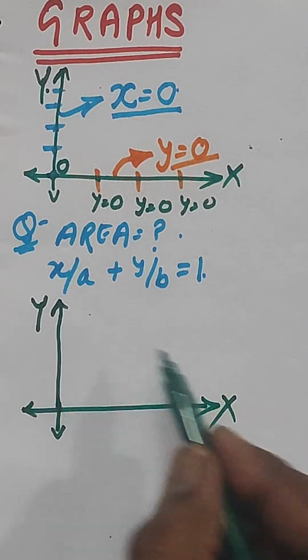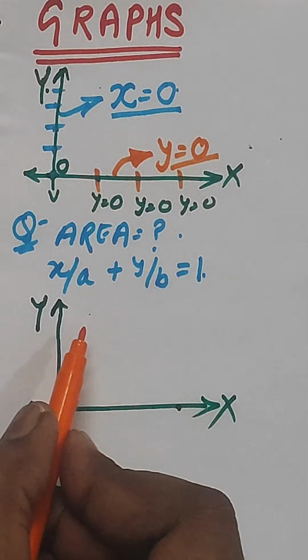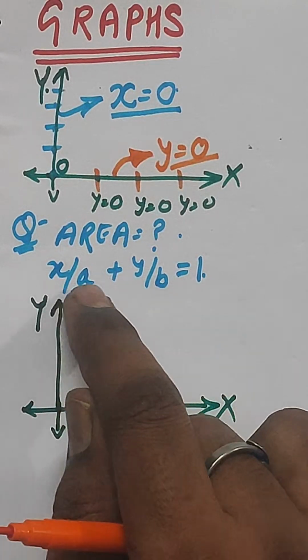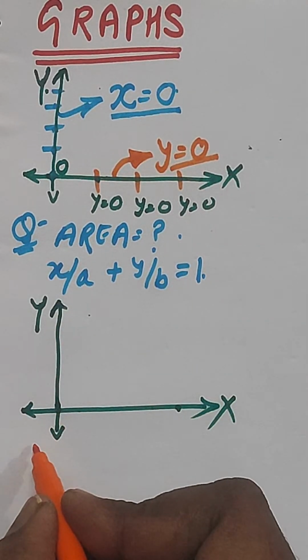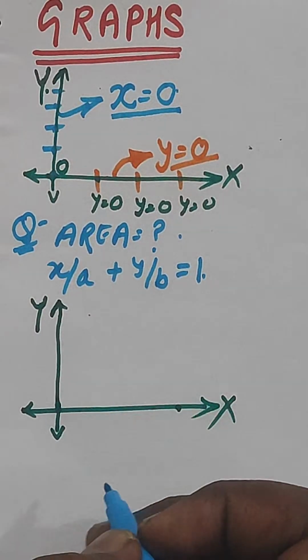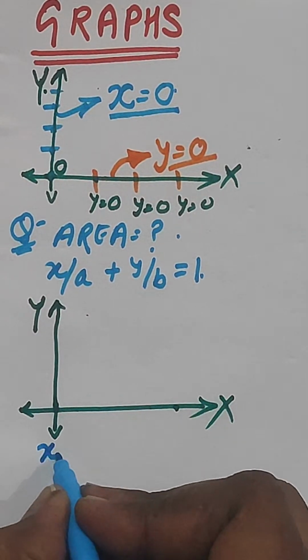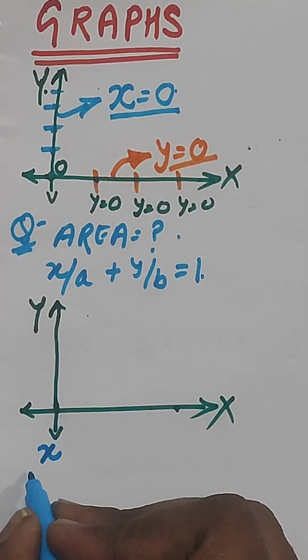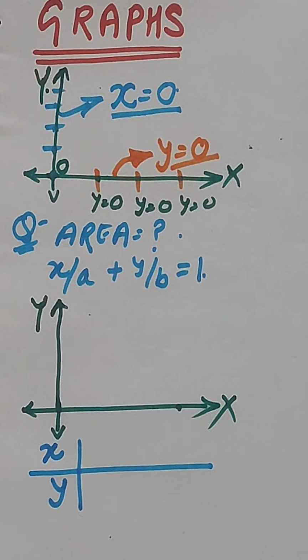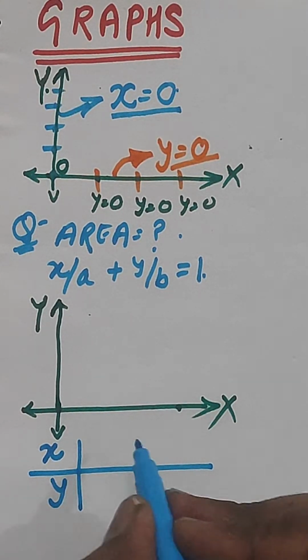I am drawing it as it is, not as per the scale, but if you want to draw it, you can make a table of the values of x for the corresponding values of y.